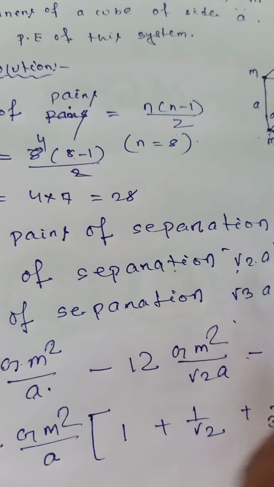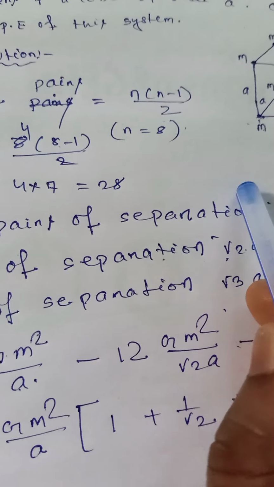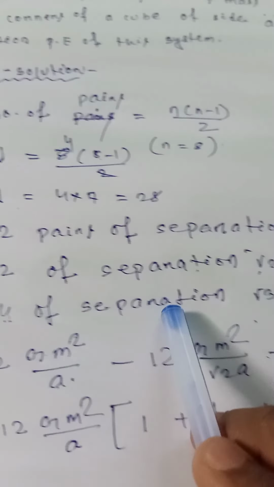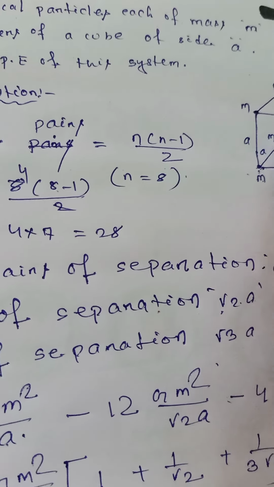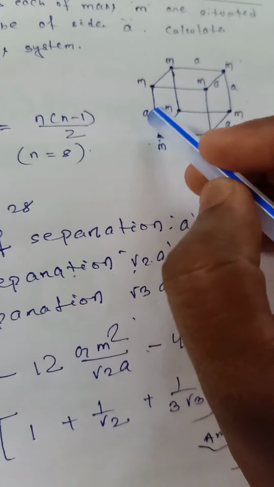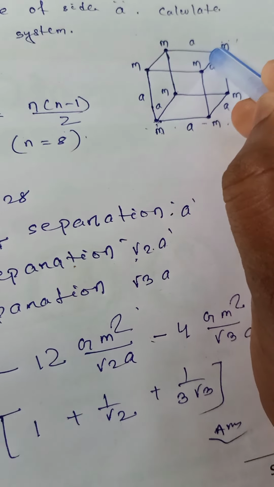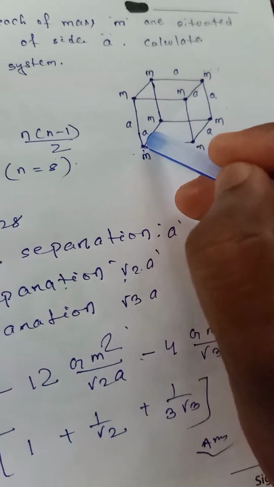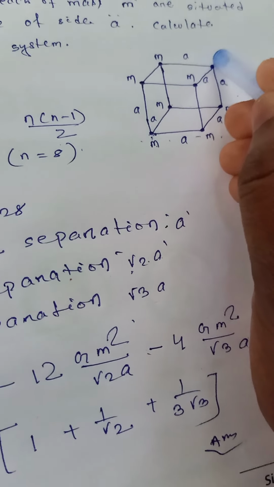And then 4 pairs of separation root 3 a, the body diagonals, between 4 pairs of points. Up to this point the distance is root 2, but up to this point it is root 3 a.